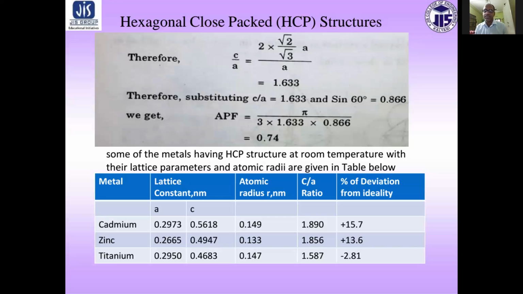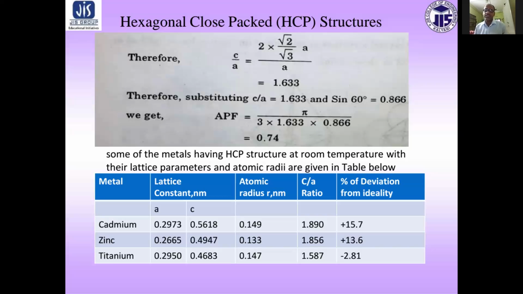The C by A ratio is 1.856, which is a 13.6% deviation from the ideal hexagonal close-packed structure. Now next is titanium.